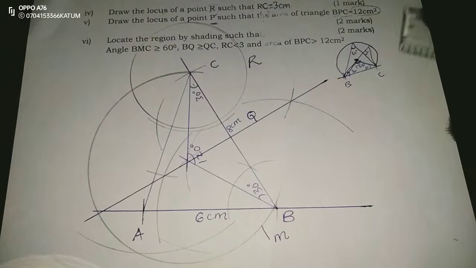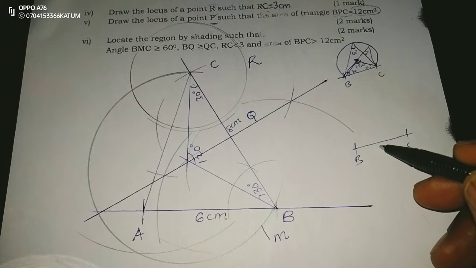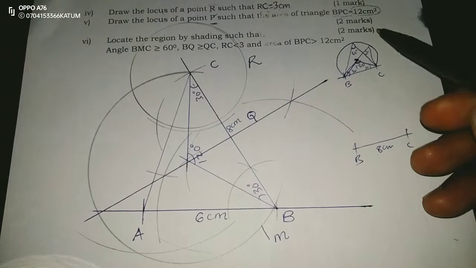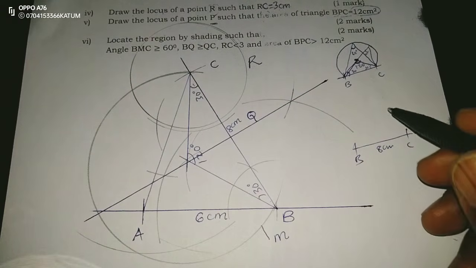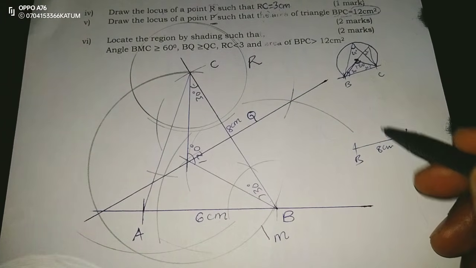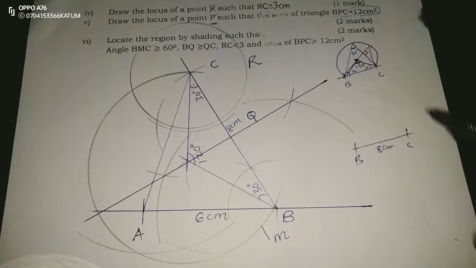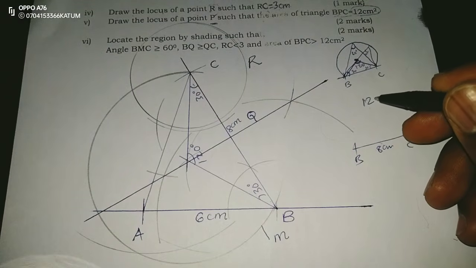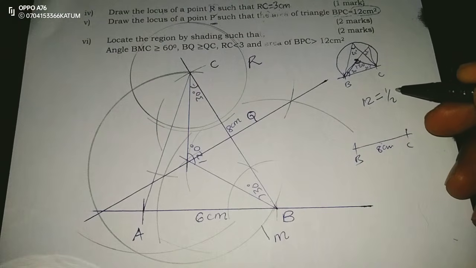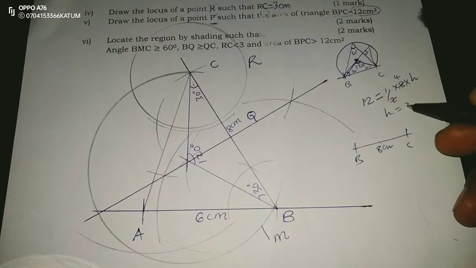For us to get an area of 12 square centimeters, we need a height which is not known. And this means the height can be calculated. So you say area of 12 equals half a base of 8 and a known height, so that this becomes 4 and our h becomes 3.